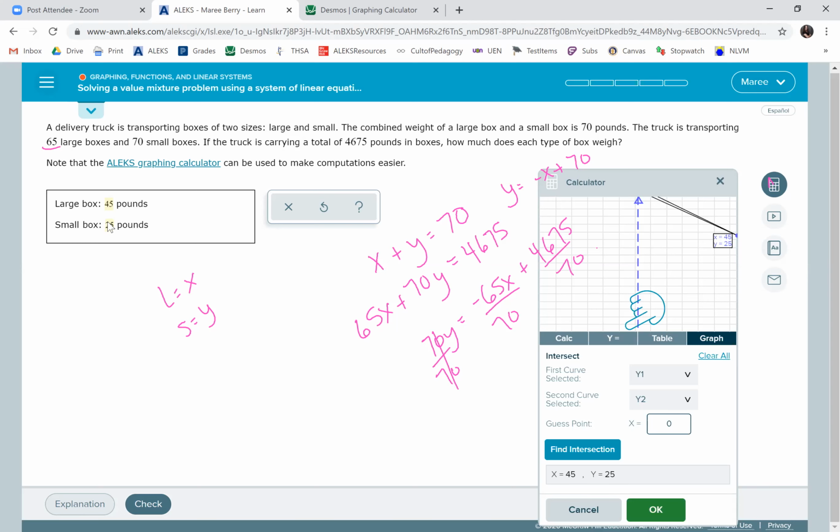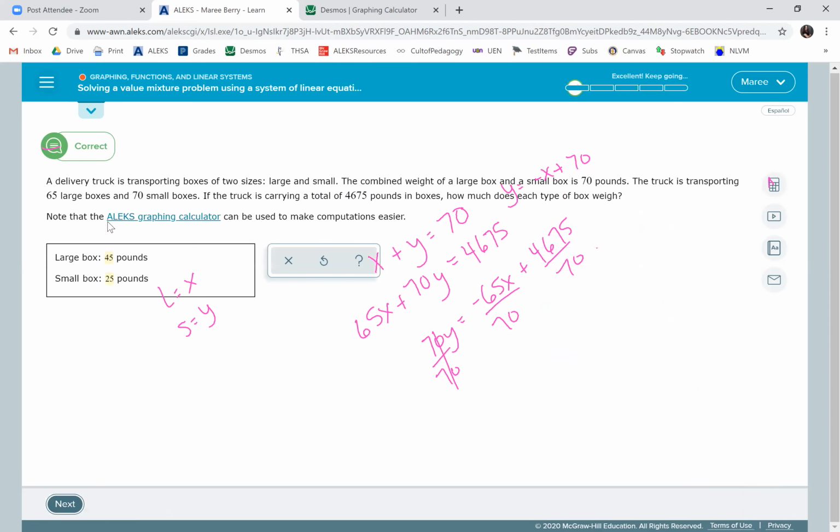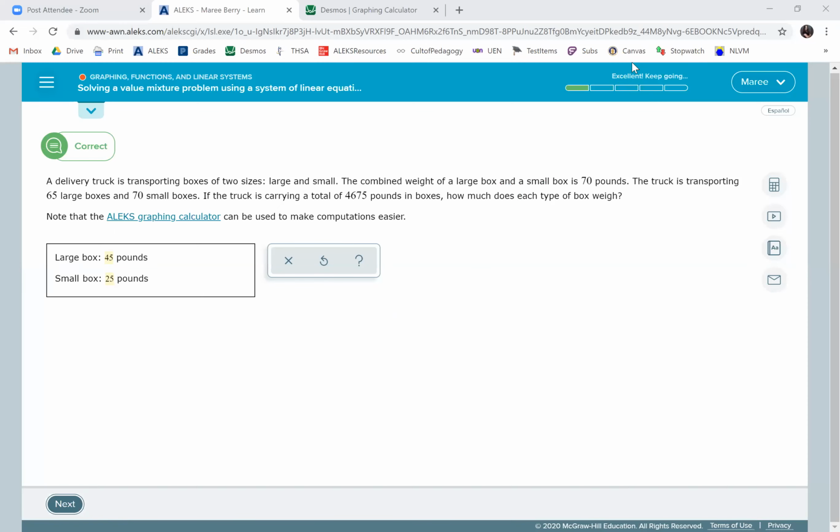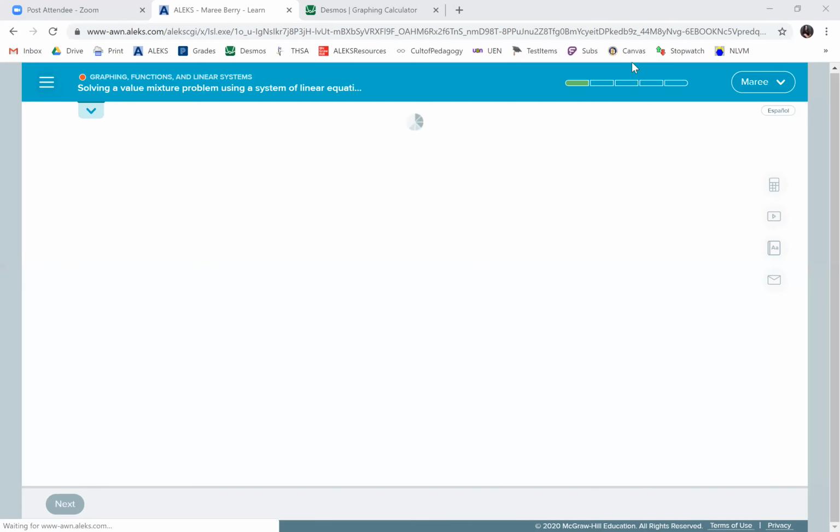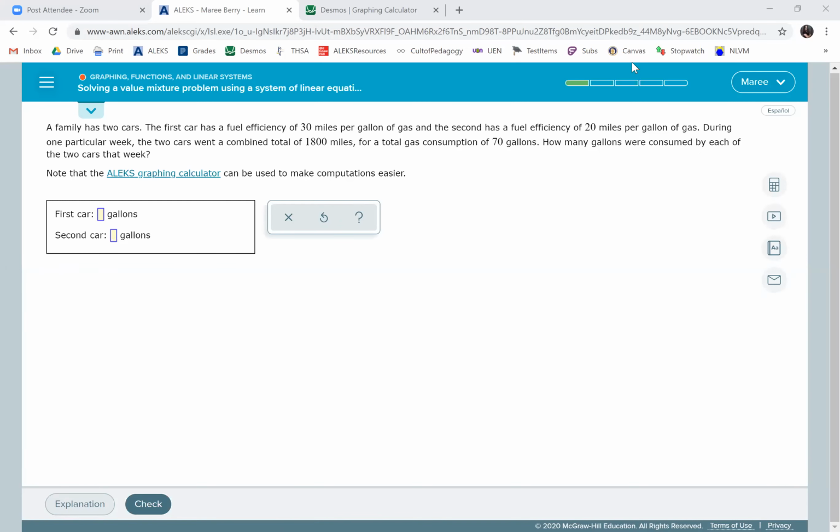Okay, so now that I have that figured out, took us a while, didn't it? This one will go faster. A family has 2 cars. The first car has a fuel efficiency of 30 miles per gallon of gas, and the second has a fuel efficiency of 20 miles per gallon of gas.